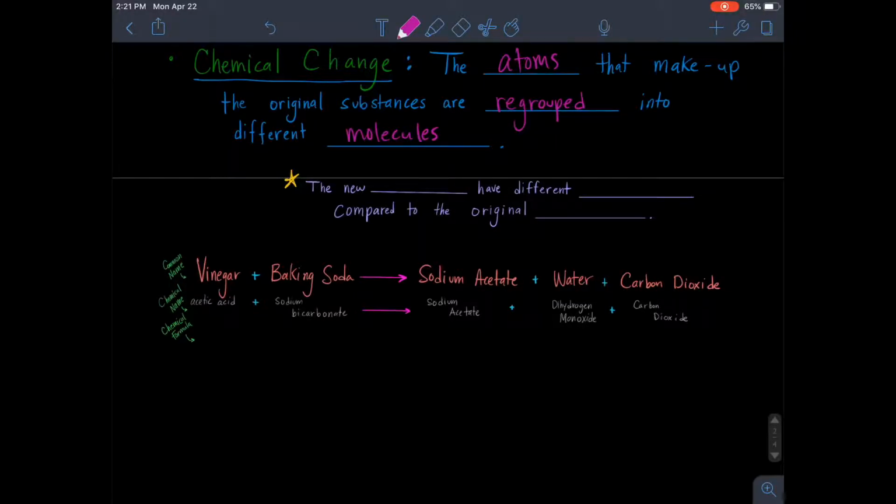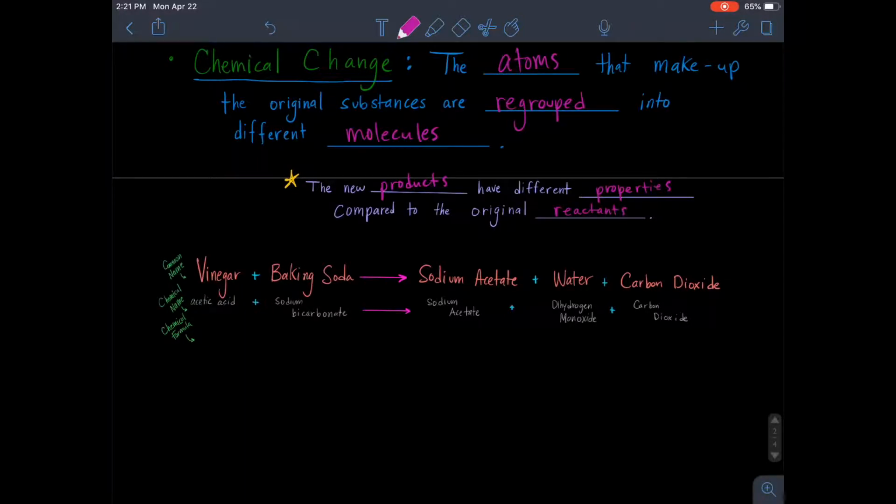So if you start with A and B and C, you're going to end up with A and B and C, but the way that they're connected to each other is going to be different. So the new products have different properties compared to the original reactants.